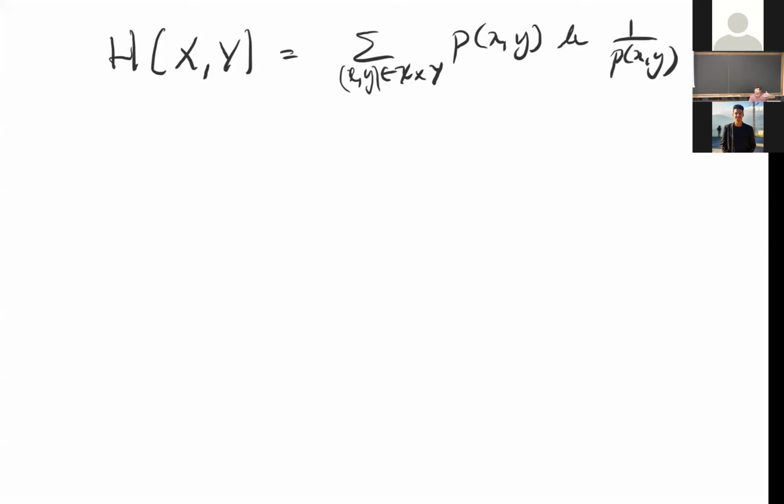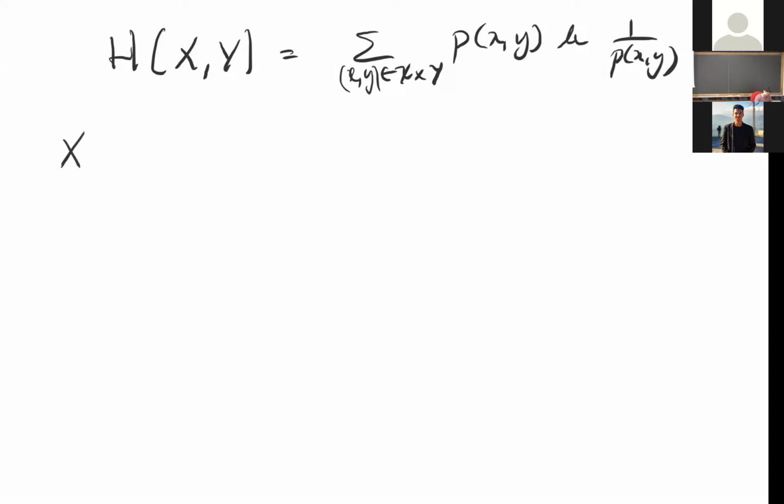A very natural property that we want to be true for any meaningful definition of information is that if two random variables, so two things, are independent of each other, then observing both should give you the same information as observing one and the other independently.